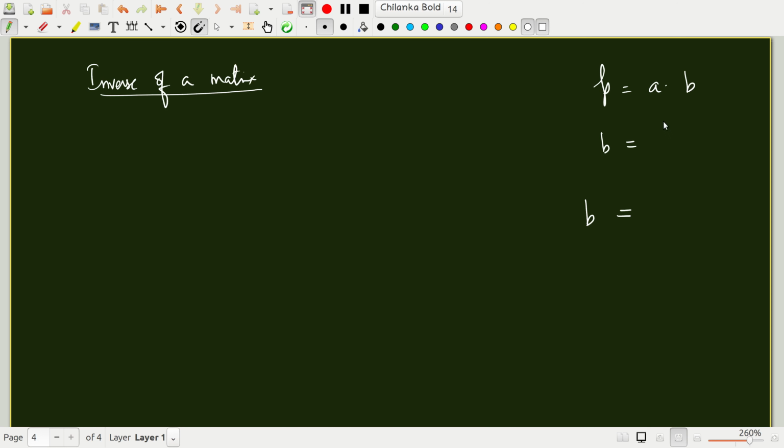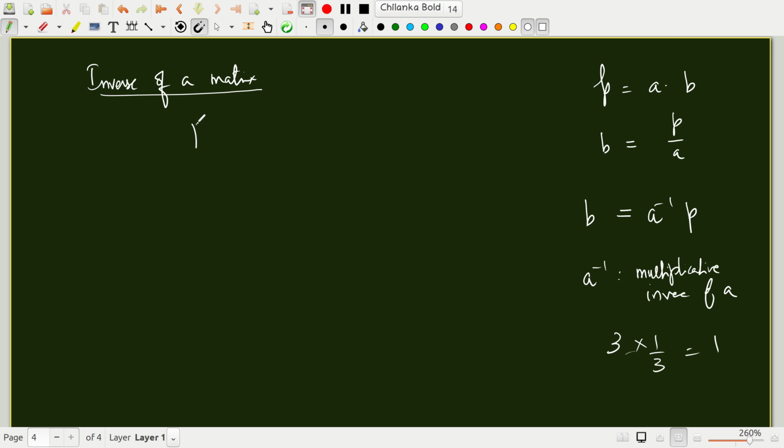So B is basically P upon A, which is A inverse P, right? So A inverse is the multiplicative inverse of A. If I have 3, then its multiplicative inverse is 1 over 3, so that you get 1. But what about matrices?